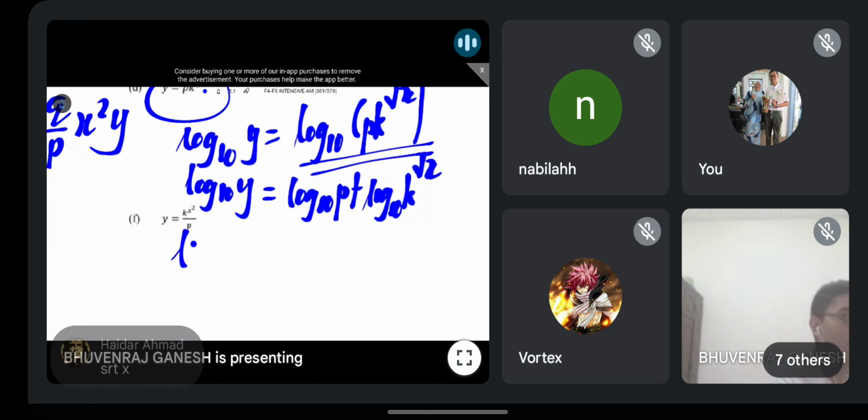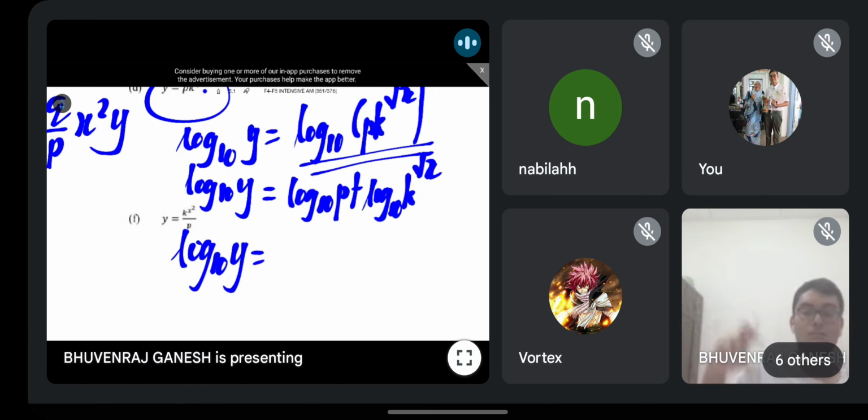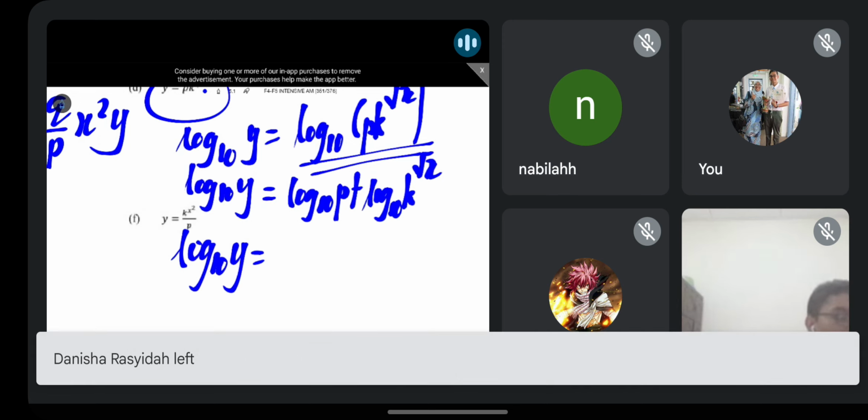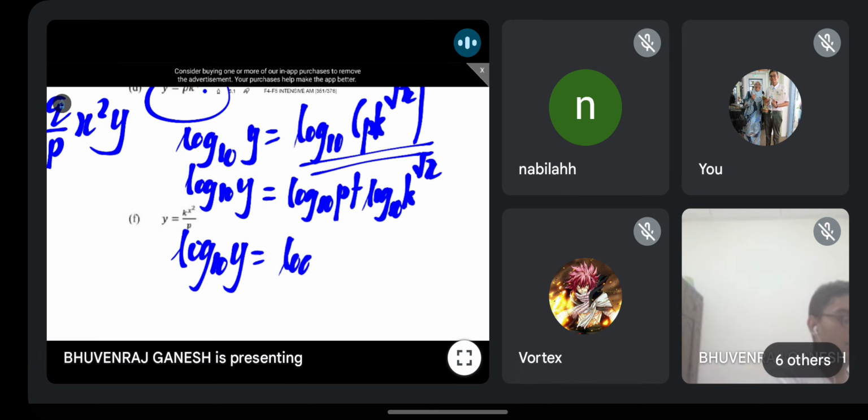Yes, very good. Square root x you can bring down, because dalam hukum log, kalau ada kuasa ke atas, kamu boleh pindah ke bawah. You can bring down the whole power. So you will get log 10 k and then square root x plus log 10p.